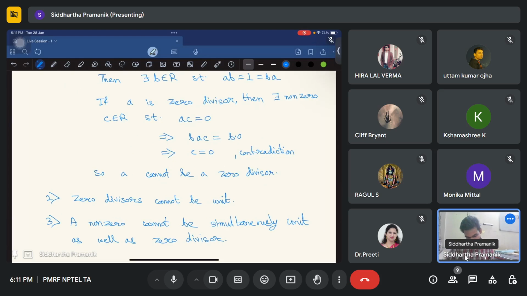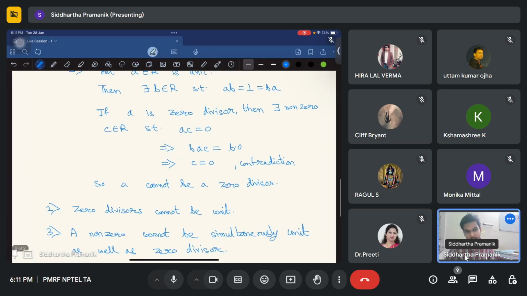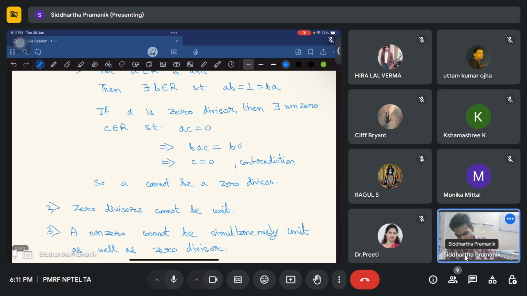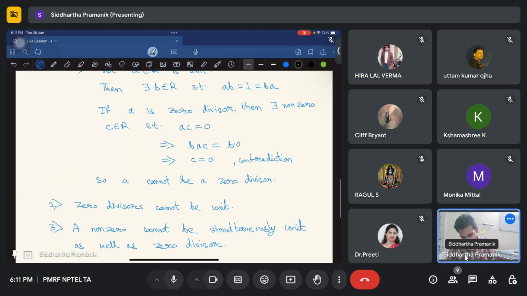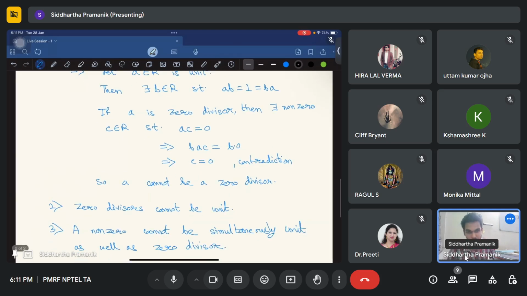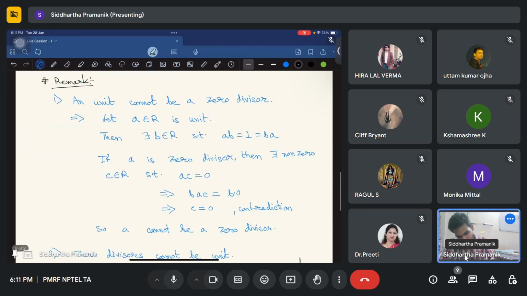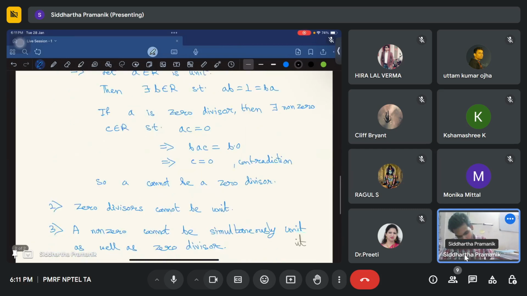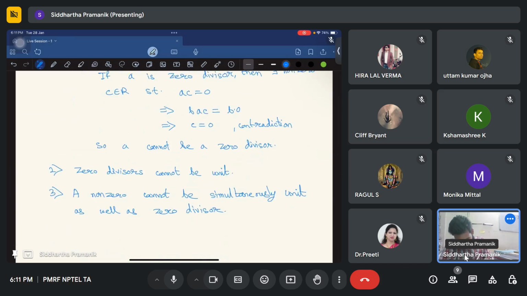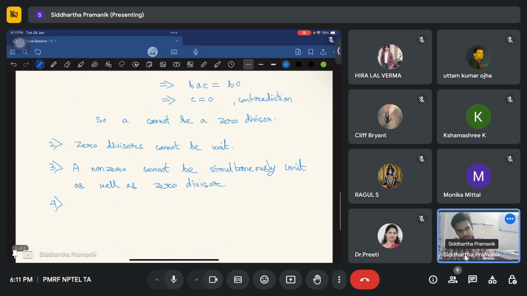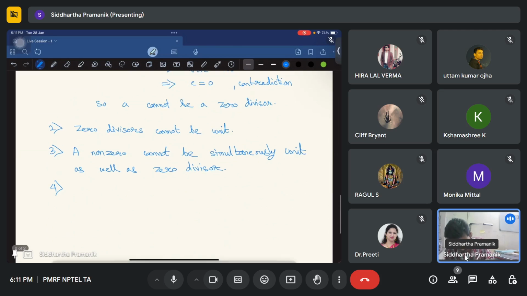Okay, so I hope this is clear. Now let me ask you, in a ring, can it happen that there is an element that is neither a unit nor a zero divisor? Let me write this.